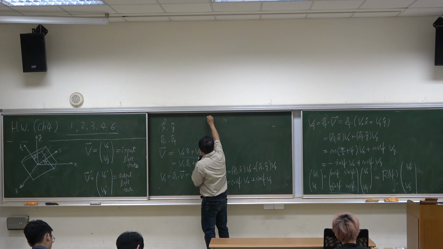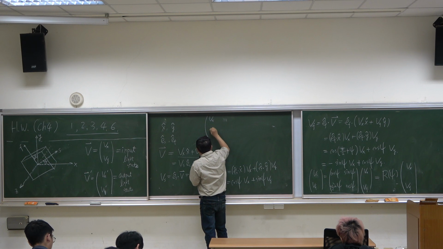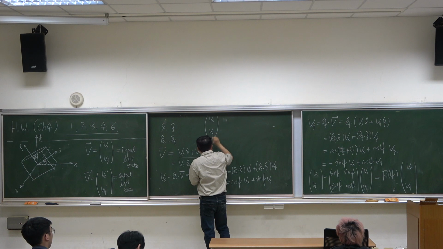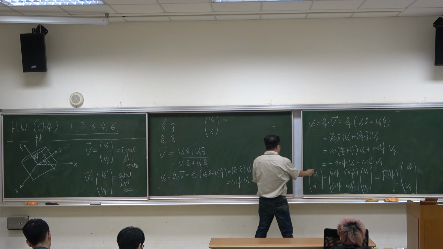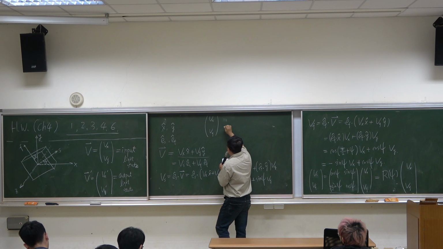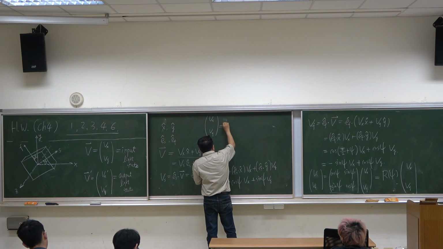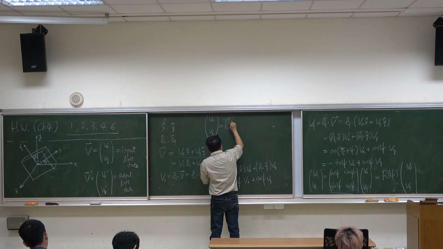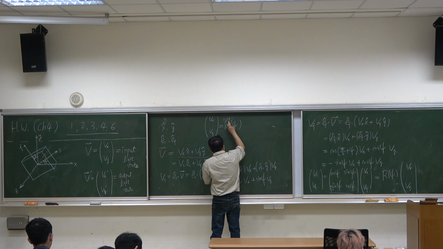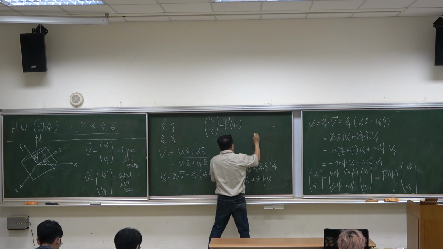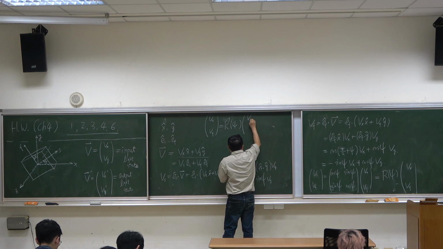So if we want to know Vx, Vy from Vs, Vf, we can just multiply R inverse psi to Vs, Vf.